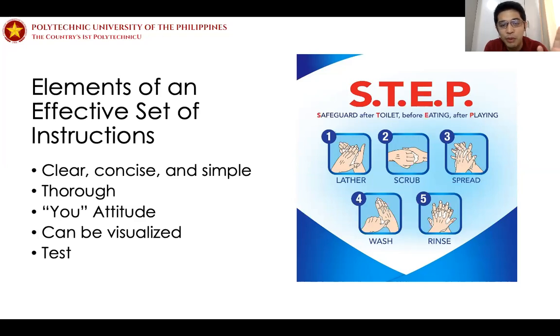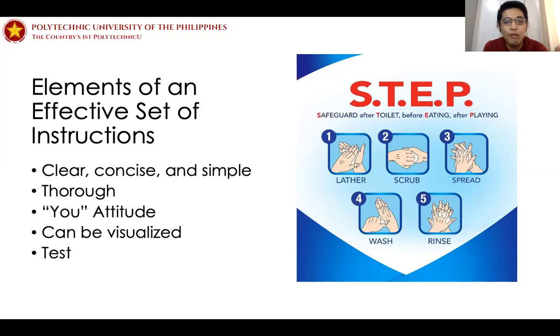And then the last is we have to make sure that we are using simple words only, simple construction of sentences and simple phrases for better understanding. Again, the goal is not to impress those who will receive the instruction, but to make sure they are able to understand and deliver what we are expecting.